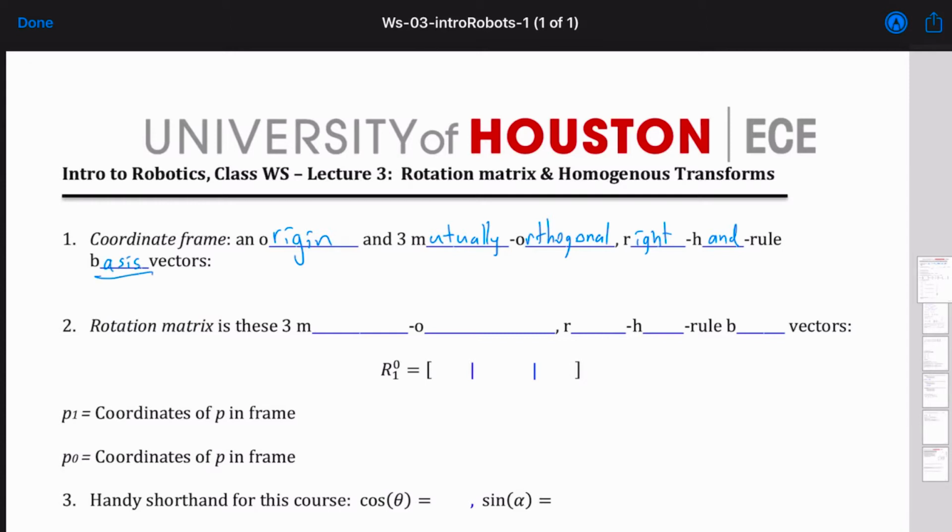And since they're basis, that means that they're unit vectors. We know that they're orthogonal. And this right-hand rule, that means that the determinant is going to be equal to 1 and not -1. Left-handed will be negative. So when you have this coordinate frame, we're asking for, tell me where the origin is, tell me where x is, tell me where y is, and tell me where z is. And so these little numbers over here is the identifier.